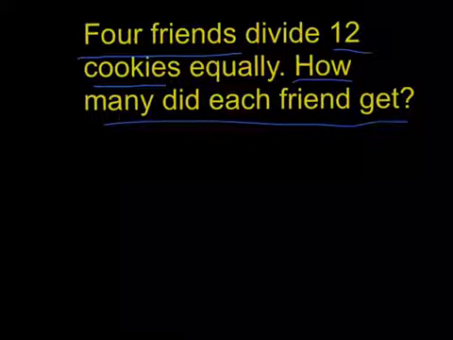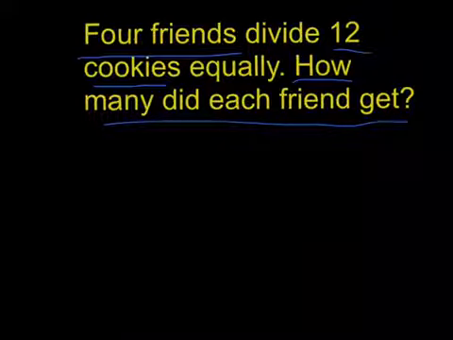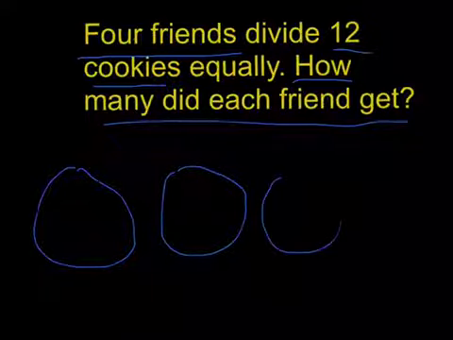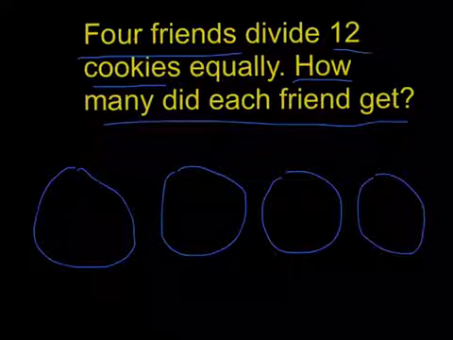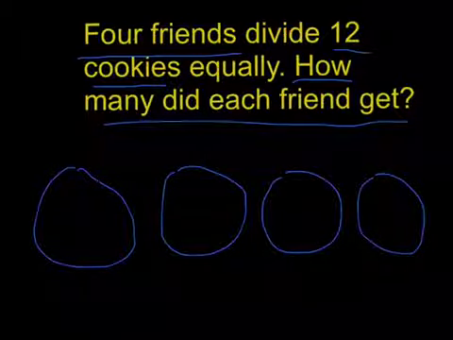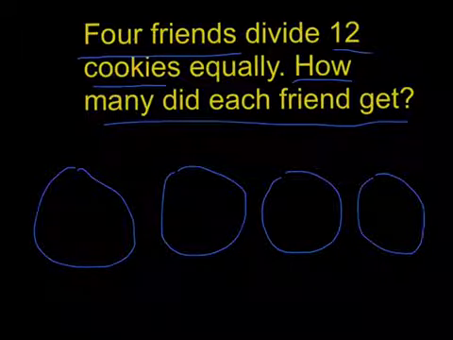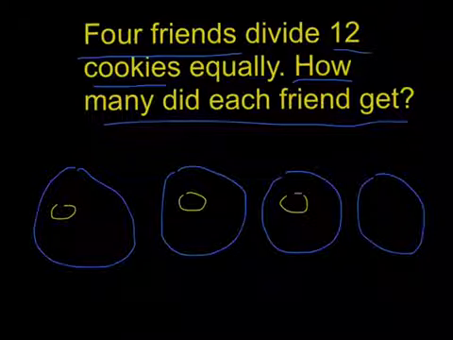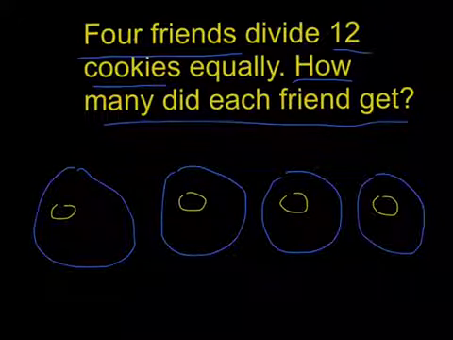So if I draw a picture, I'm going to draw a circle for each friend. And I am now dividing, so I'm splitting up 12 cookies equally. How I represent that is I'm going to put a cookie for each friend, and I'm going to keep going with my cookies until I run out of cookies.